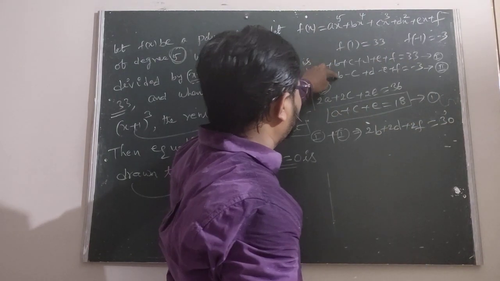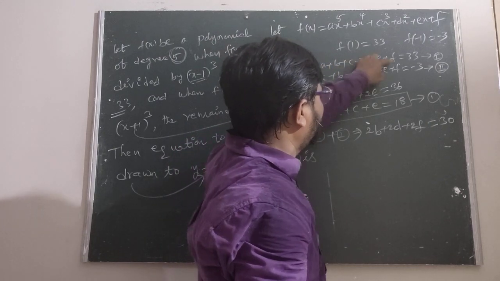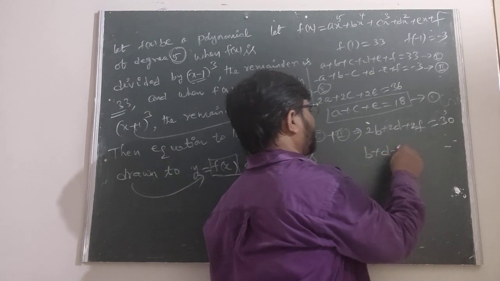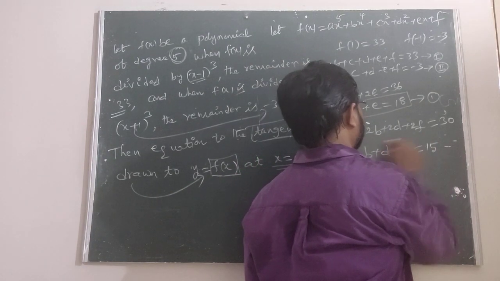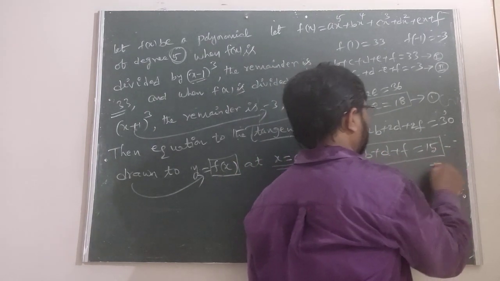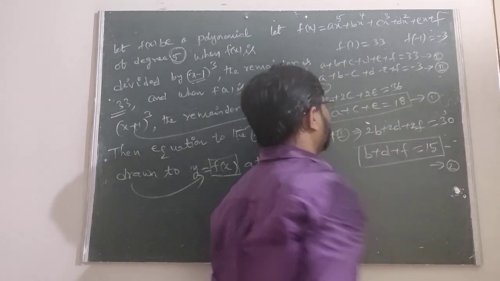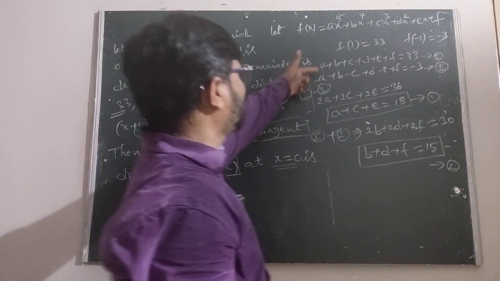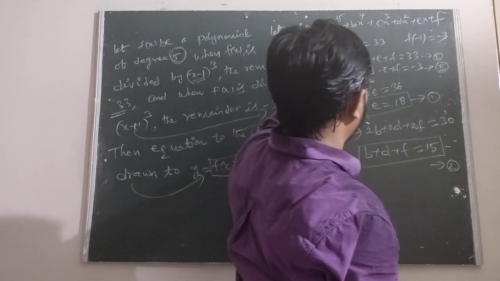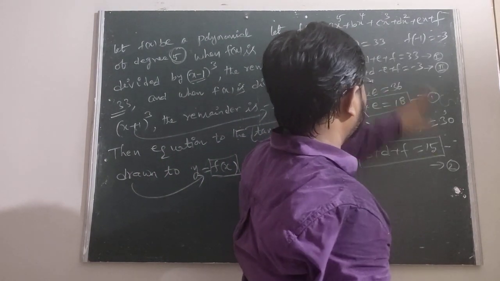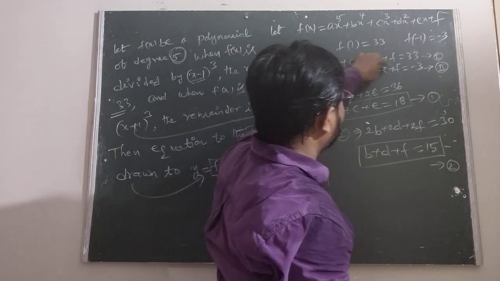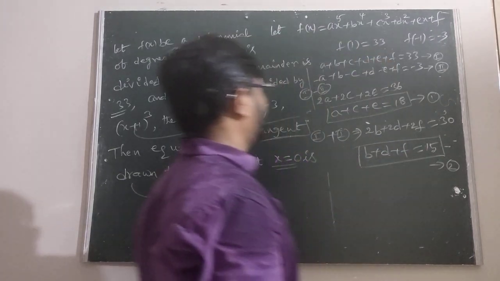We are adding b plus b is 2b, d plus d is 2d, f plus f is 2f. Now we get b plus d plus f is 15. Now this is equation 2: a plus c plus e is 18, and b plus d plus f is 15.